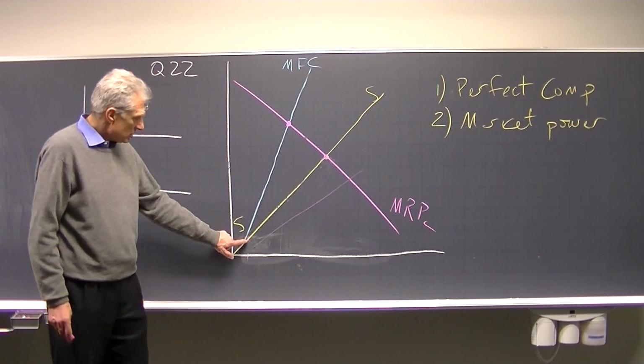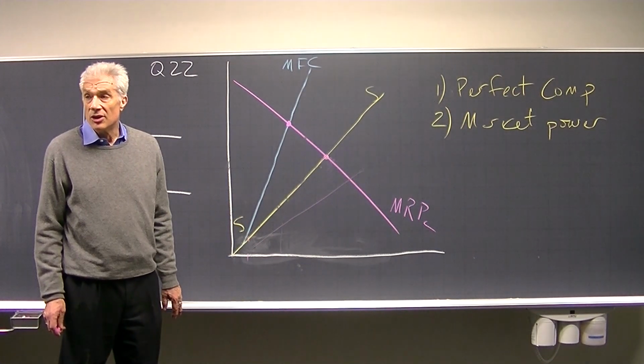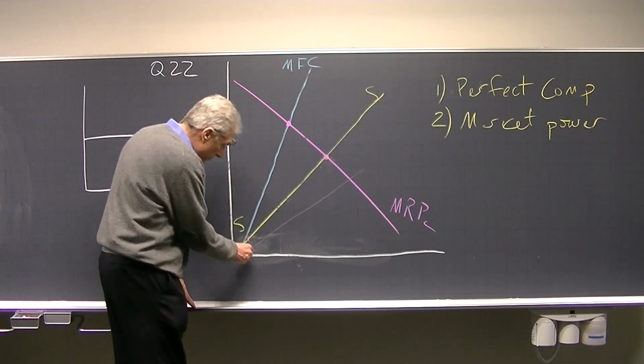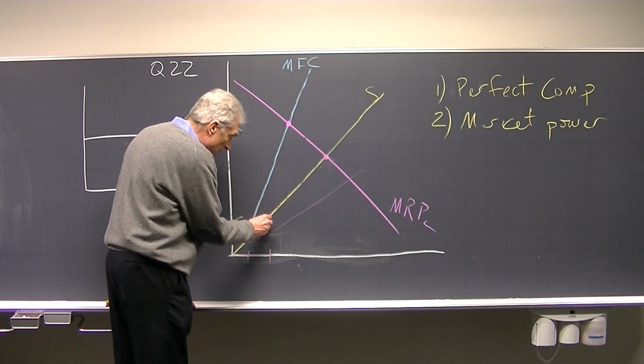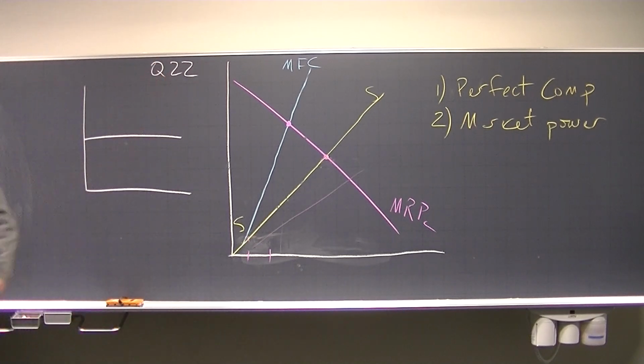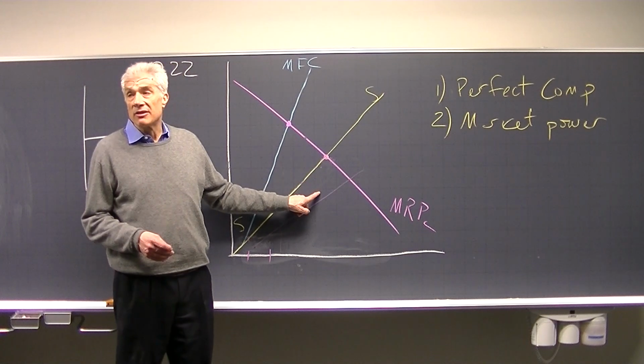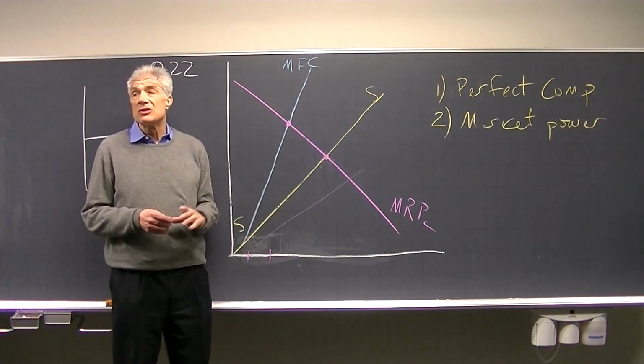Your margin is going to be above the curve because you've got the total amount and it's multiplied by the total amount. The margin is above that. The marginal factor cost curve is above the supply curve. It rises more steeply.